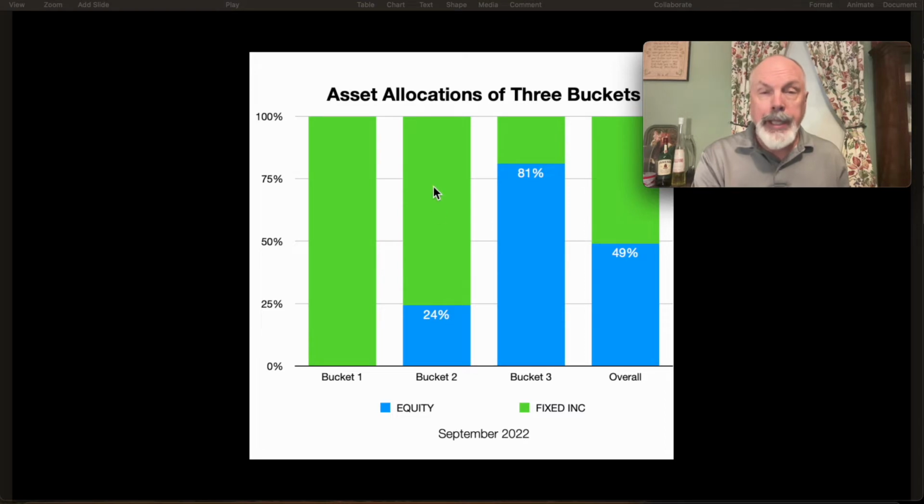Bucket 2 is 24% equity, and the balance is fixed income, bond funds, income producing assets. And bucket 3 is 81% equity with some long-term bonds on top. It gives me an overall asset allocation of close to 50-50.